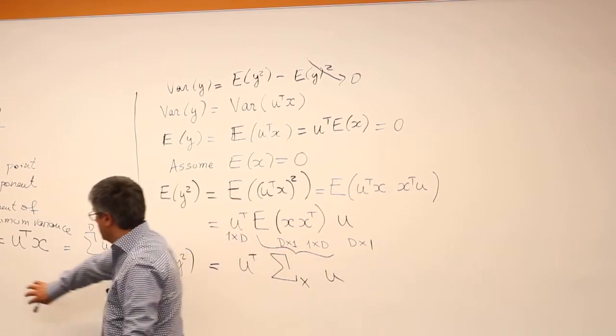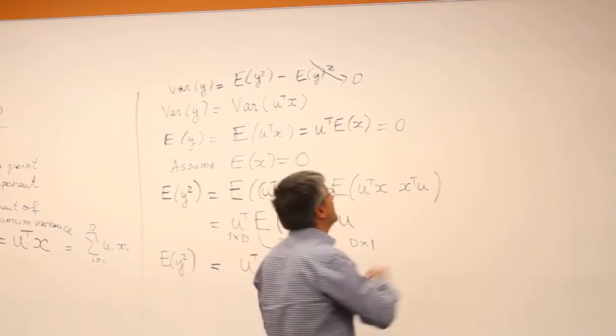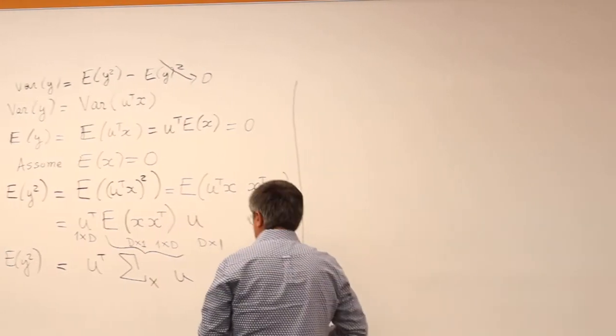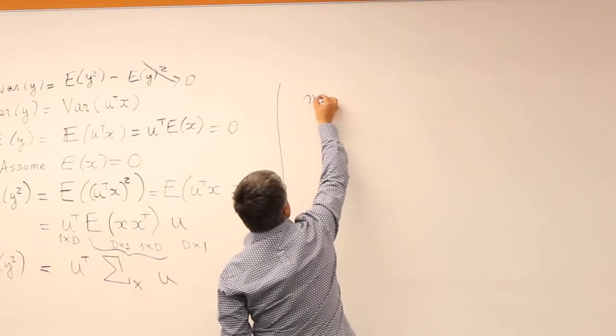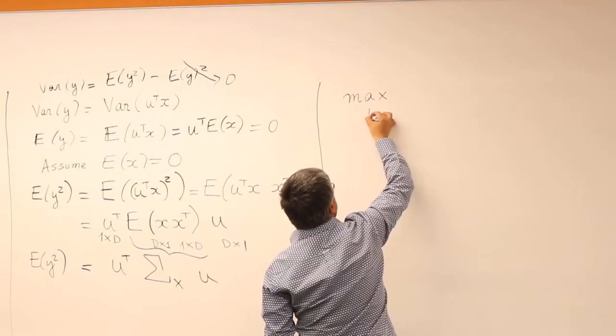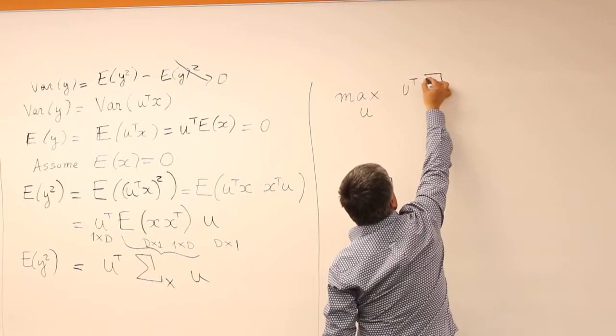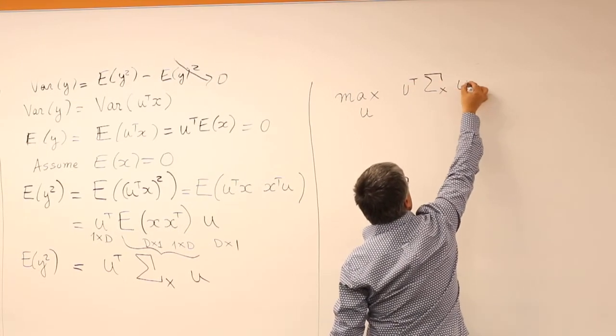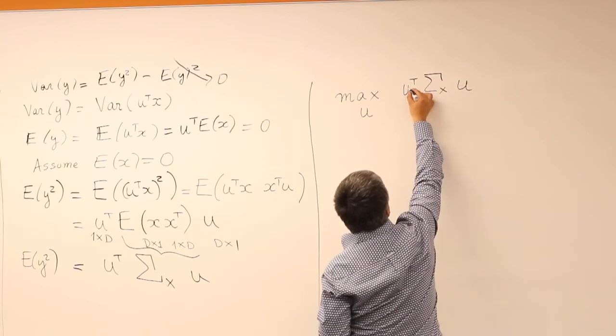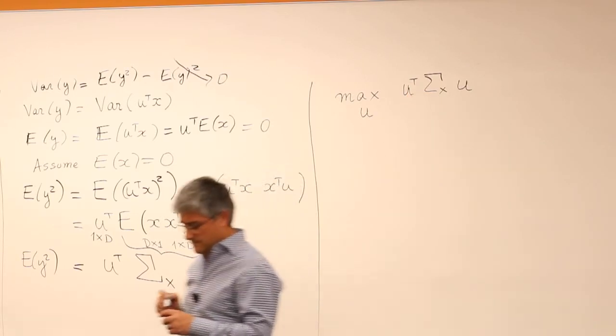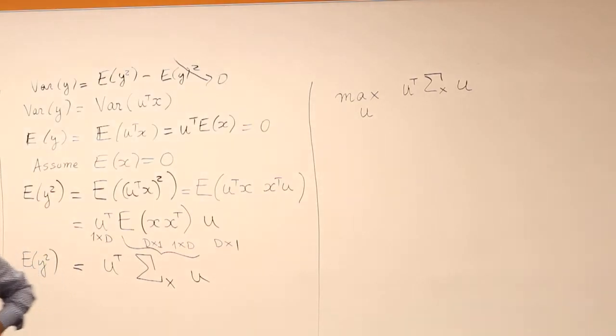So going back to my original problem, what I'm trying to do is maximize with respect to u this quantity, u transpose sigma x u. Everybody with me? It's just maximization of a quadratic. Who can tell me what the maximum of this is?